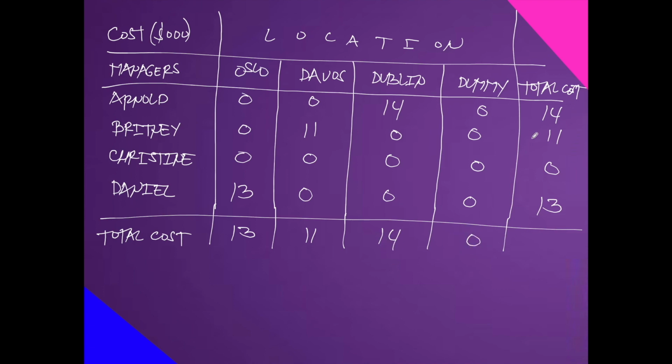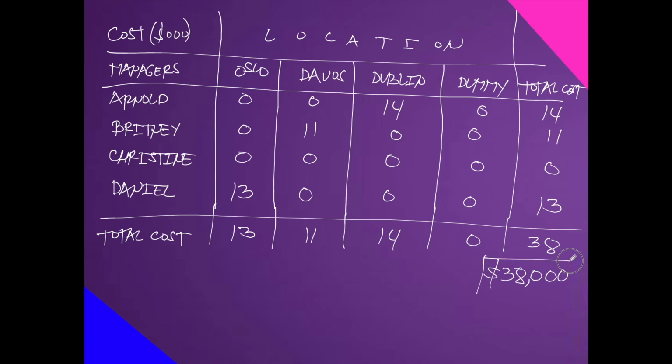Yung buong algorithm, kung paano tayo nagdesisyon, guys, ay nagkakahalaga ng 14, 11, plus 13. Same din dito yan. 13, 11, 14, that is 38, or $38,000 dahil ito ay naka $1,000.